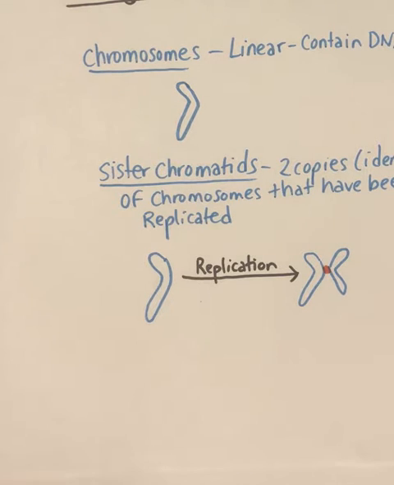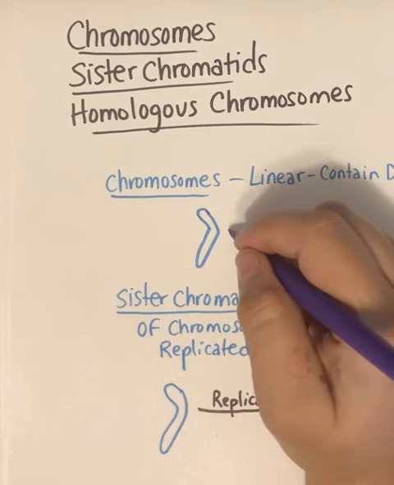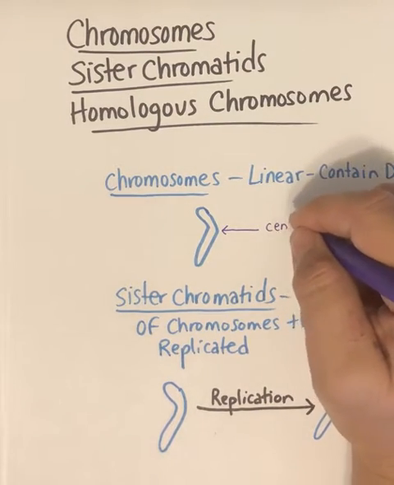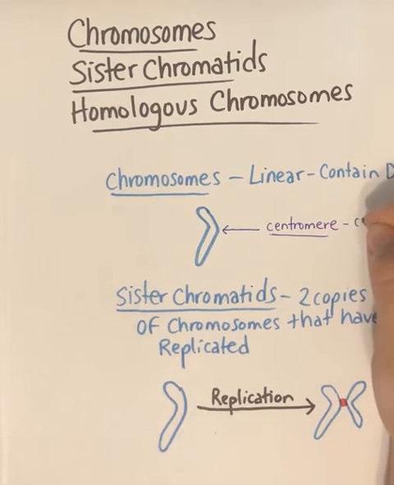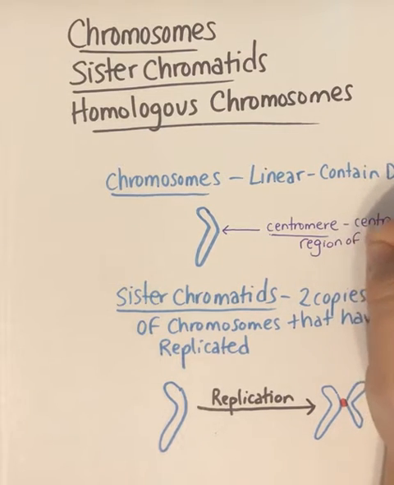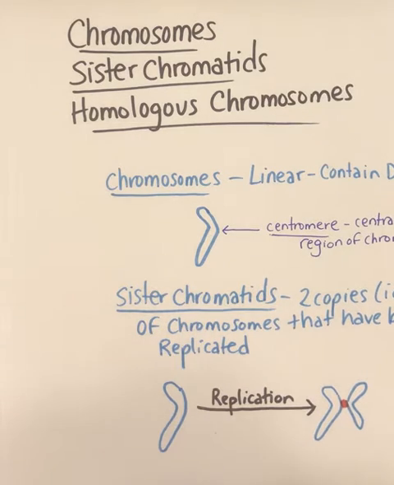Another thing that I didn't really mention before is that when we talk about chromosomes, the central region of the chromosome is called the centromere. The centromere is the location where we're going to have proteins such as cohesin, which holds your sister chromatids together.